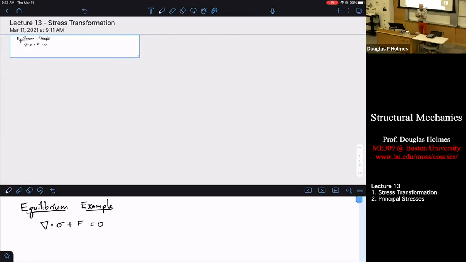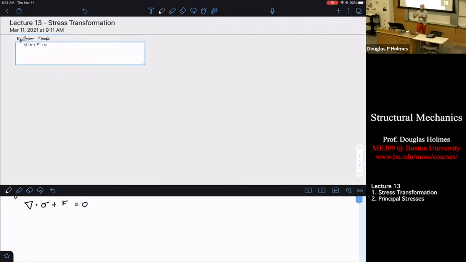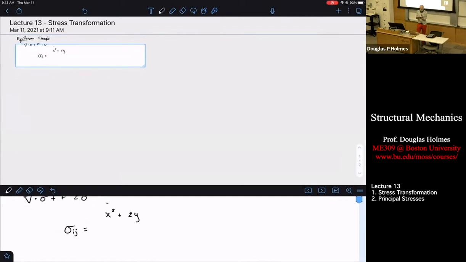So say you're given a stress distribution. So say your stress tensor looks like this. Maybe you found this by solving some kinematic equations. But let's say we have sigma ij. The sigma xx term is x squared plus 2y.